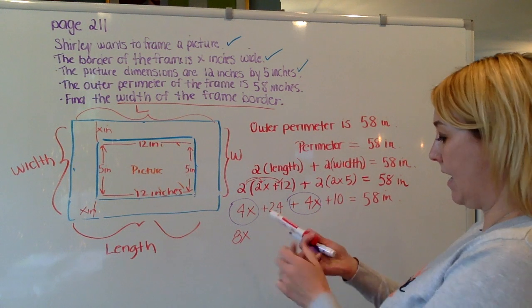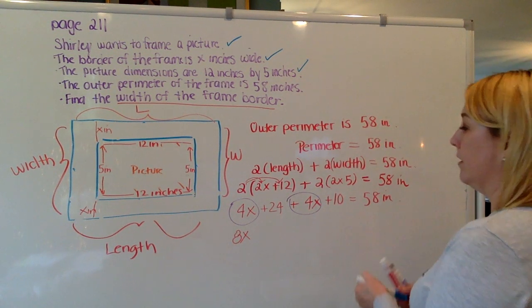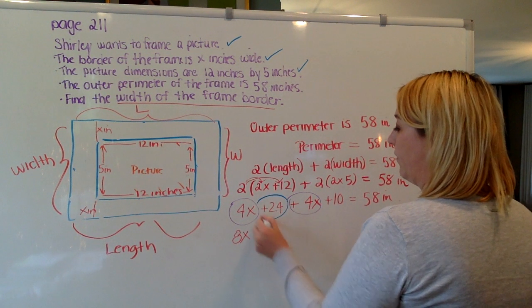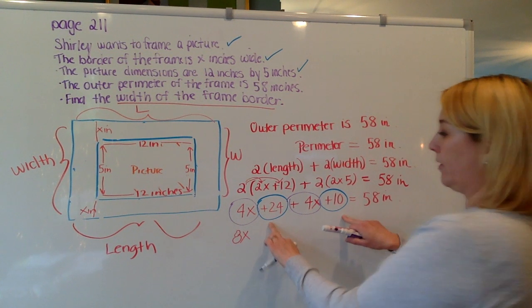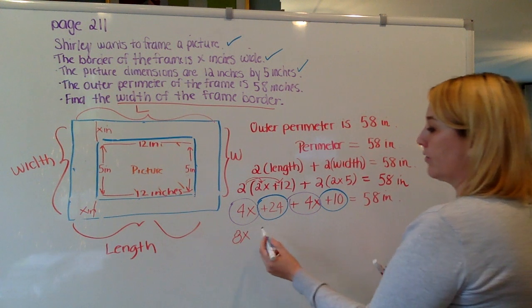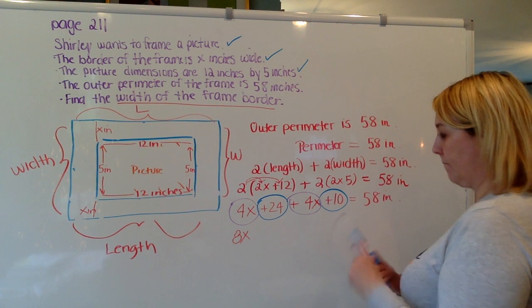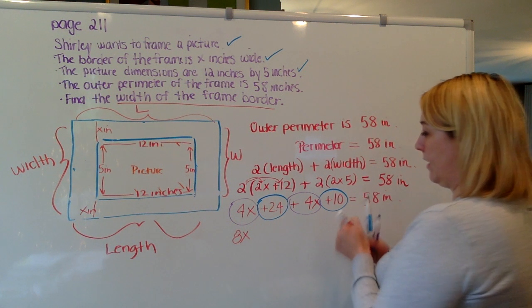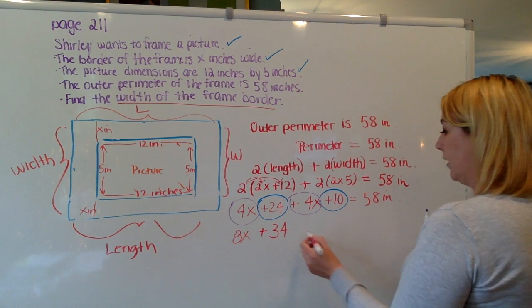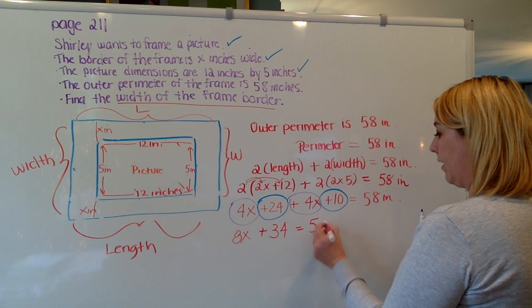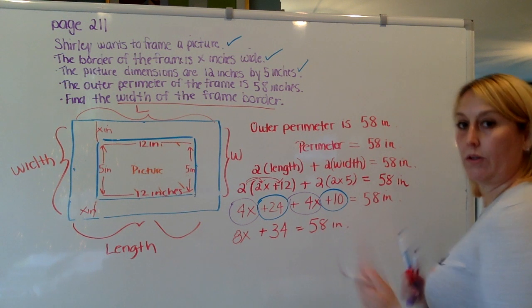And then I have positive 24 plus 10. So 2 positives. Positive 24 plus 10. So that's going to give me a positive 34. And all of this is equal to 58 inches, okay?